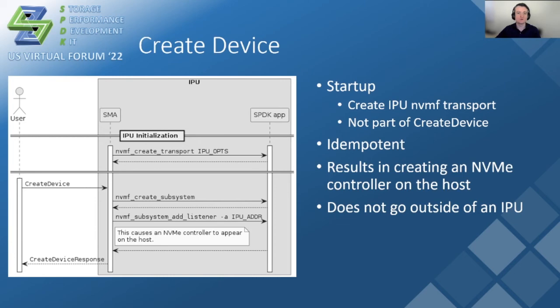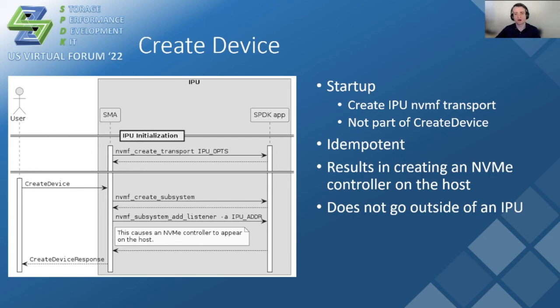So now that we know the basics, let's take a look at one of the RPCs exposed by SMA. Of course, this is all a little simplified, but hopefully it should be enough to demonstrate the idea. So first, during the boot up, SMA will initialize the application based on some startup configuration. This will usually include stuff like creating the appropriate transport, things like that.